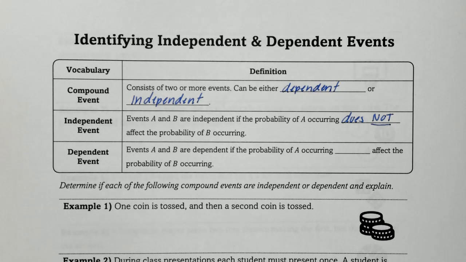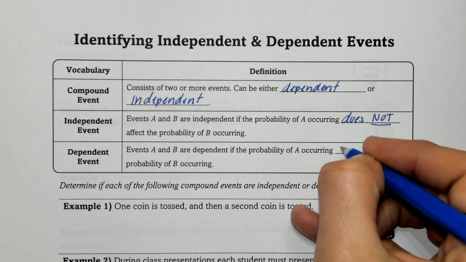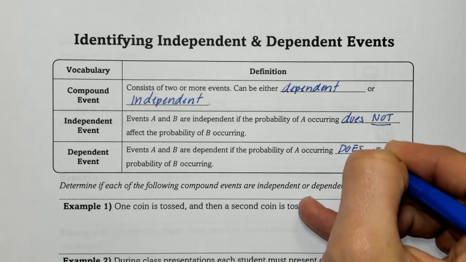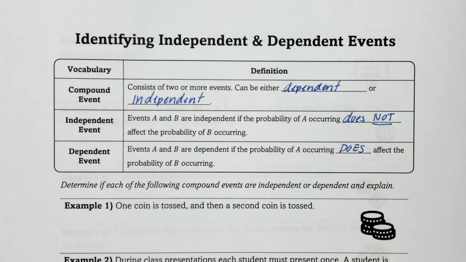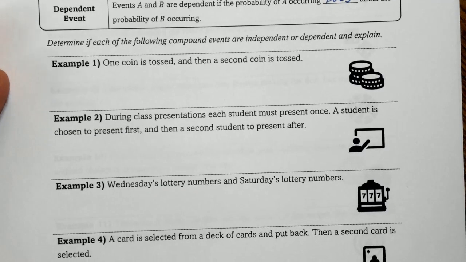One event occurs, and then another one does, and they have no effect on each other. The dependent events, on the other hand, are dependent if they do affect each other. So what happens with A is going to make a difference as to what could happen with B. So let's look at some examples to see exactly what this means.